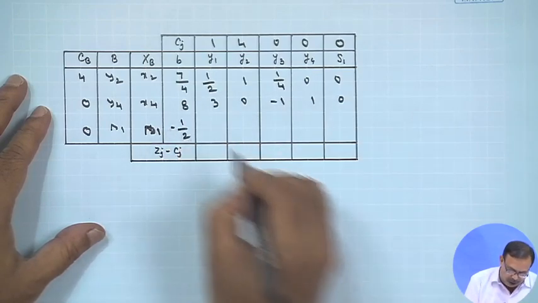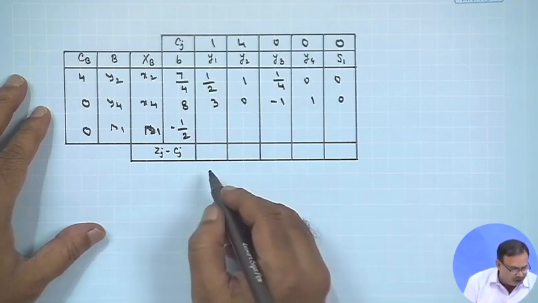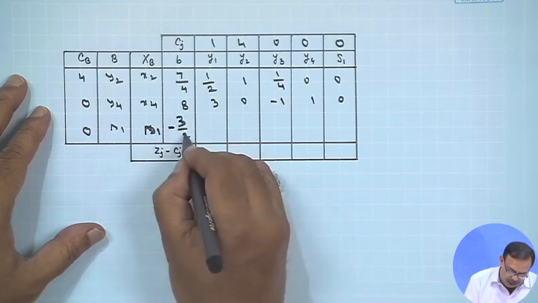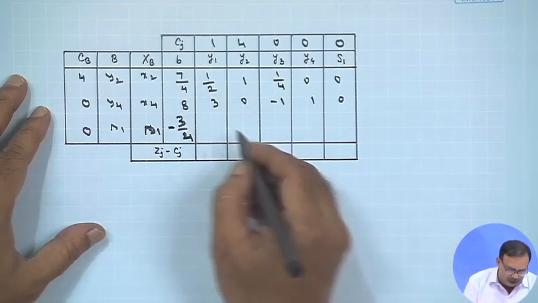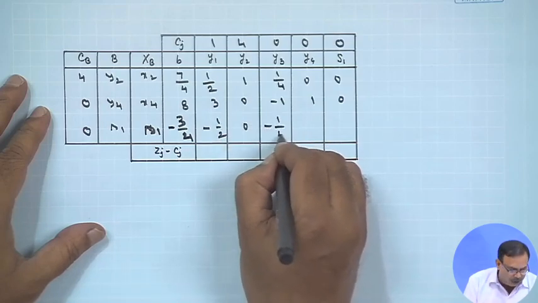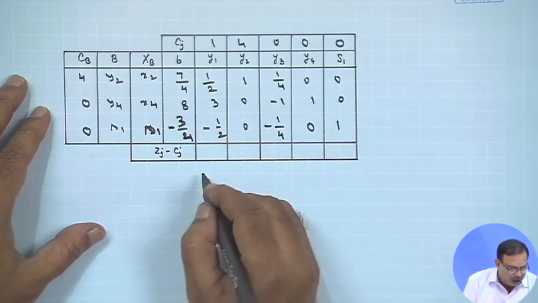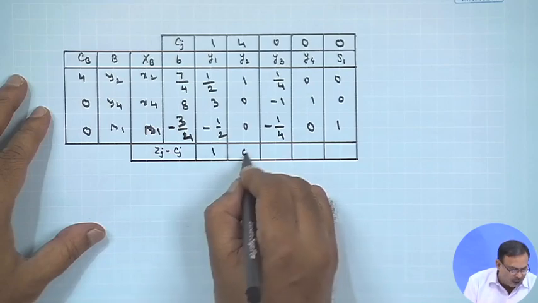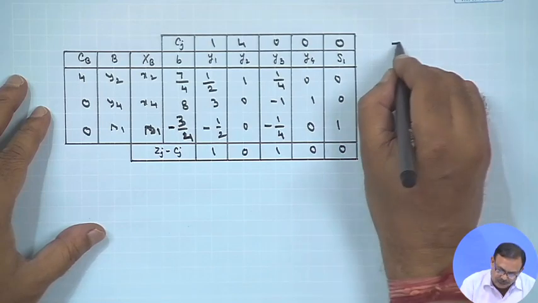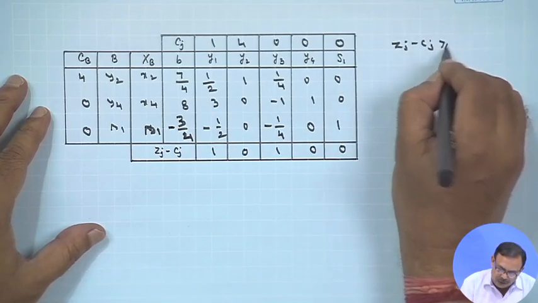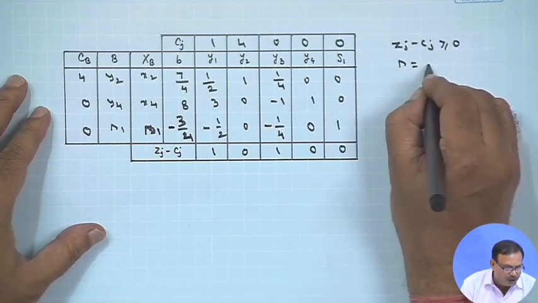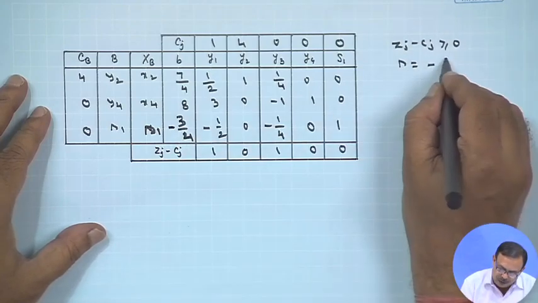Next one will be half, and it will be minus 3 by 4, minus half, 0, minus 1 by 4, 0 and 1. Zj minus Cj, if you calculate, is 1, 0, 1, 0, 0. So, Zj minus Cj is greater than or equal to 0, but the solution is not feasible since s1 equals minus 3 by 4.